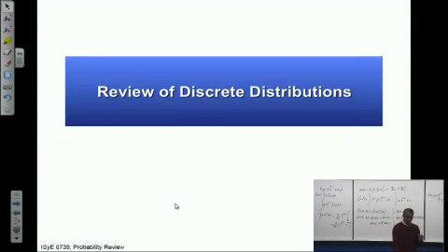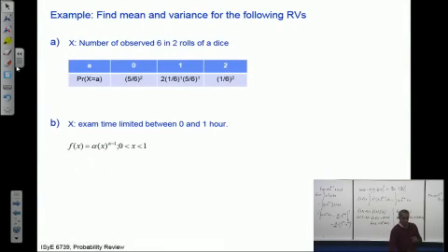If I go back very quickly, you see? So what is this distribution? It's binomial. And what is n here? Is it 6 or 2? It's 2 because I am doing 2 Bernoulli trials.